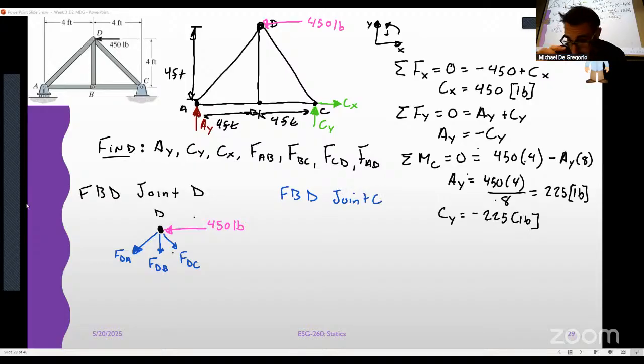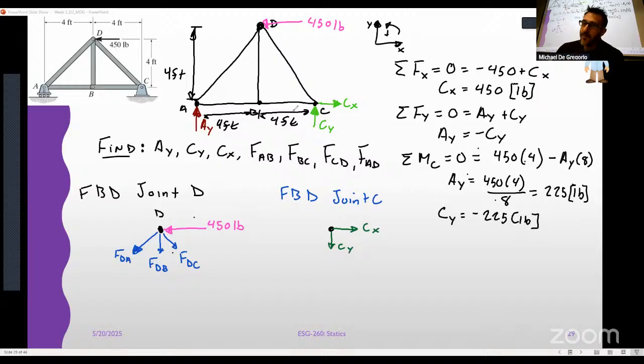Now, the nice thing about these is that you are going to notice that you don't need to solve all of the joints to get the answers that you need, right? So you're going to have a couple left over or one left over. You can use that one to check to make sure that you're getting the right answers so you can have confidence in what you're doing. So we say that this is CX, this is CY.